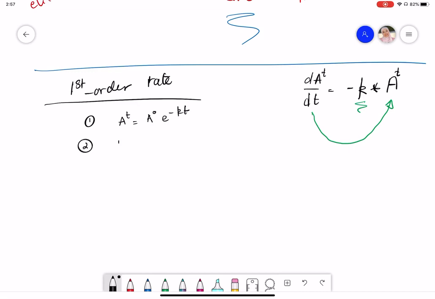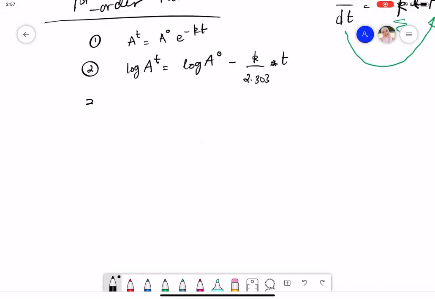The second one was log transformed: log of A at a certain time equals log of the initial amount minus K over 2.303 multiplied by the time, right? Or the third, which was ln transformed, so the equation in the ln term is minus K multiplied by the time.